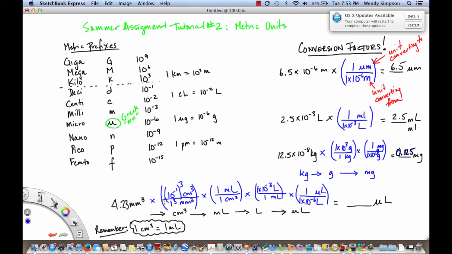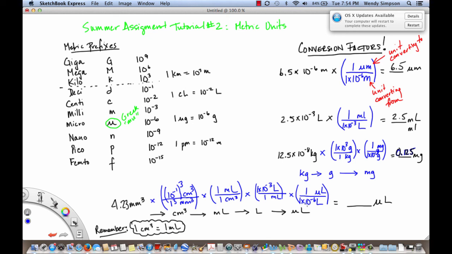I do my math. Okay, so I have 4.23 times 10 to the minus first cubed, and you can figure out what that is. I'm then multiplying just by 1, and then that times 1 times 10 to the minus third, and then I'm dividing by 1 times 10 to the minus 6.